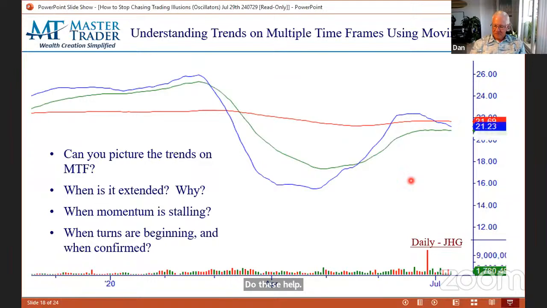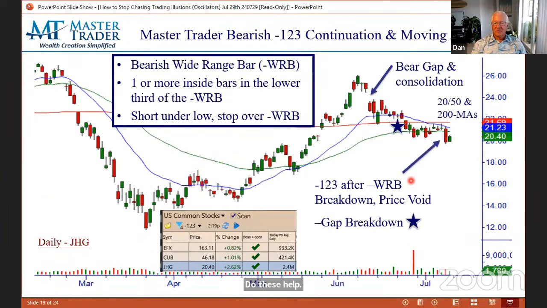Now, let's look at the candlesticks. So remember up here, we have a flat, the 20 broke down. So this moving average crossover just coincidentally did confirm.